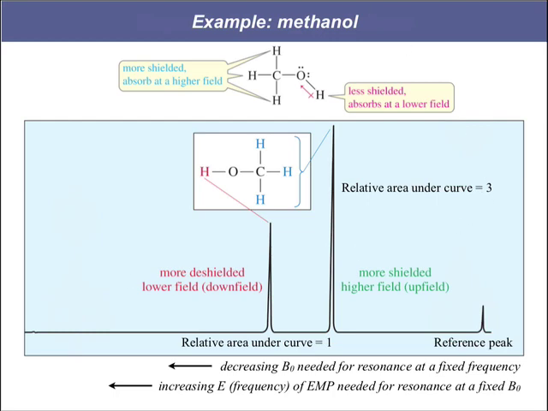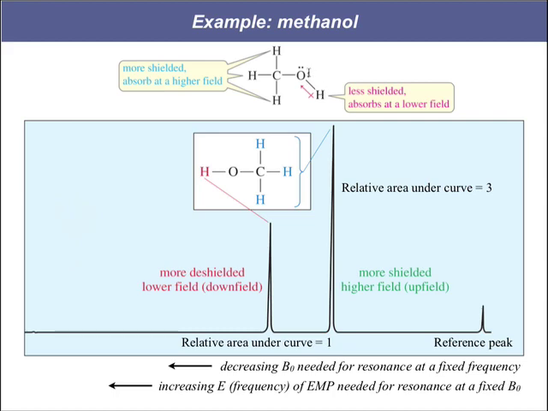So here's methanol again, and like we said before, methanol has 2 types of protons. There are the CH3 protons, and all of these 3 are identical. They're all in the exact same chemical environment. And then there's the OH proton, which is in a different chemical environment. And we said that because of the H's proximity to the oxygen, this hydrogen is going to be deshielded.